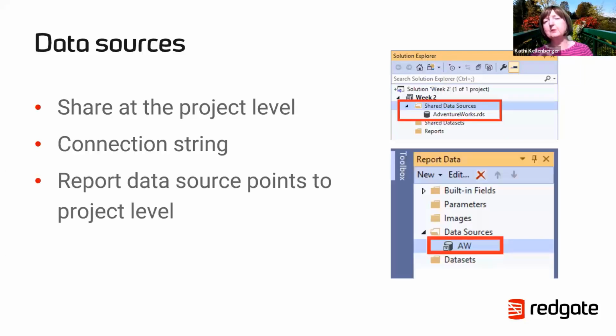So when I create my report, inside the data sources inside the report, instead of embedding it, defining it over again, I'm going to point to the one shared at the project level. Now I could name these the same. I name them differently just so you can see that they are different things. I could have named them both AdventureWorks.